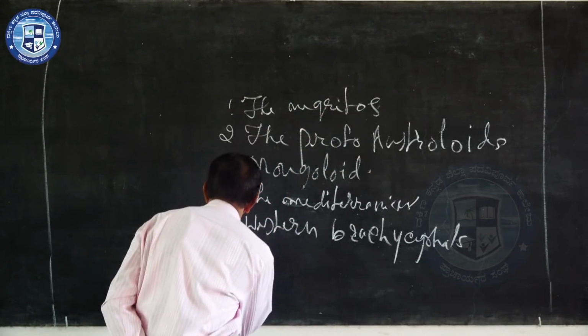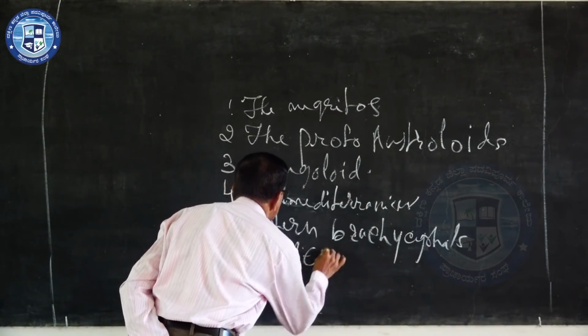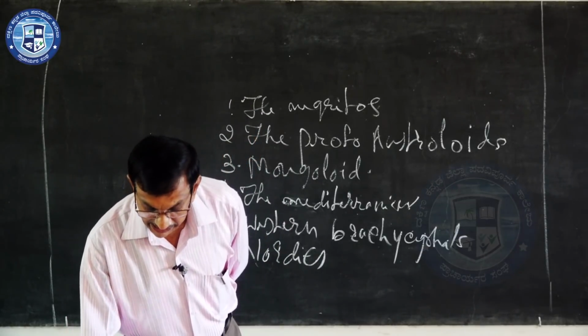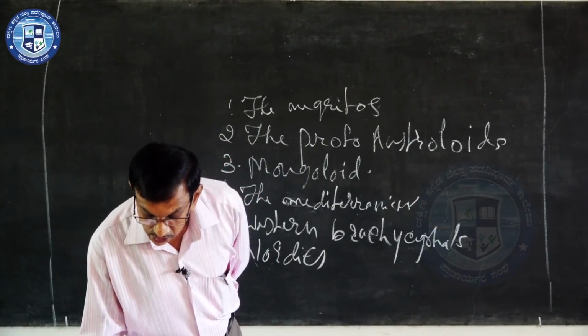And the 6th one, Nordics. Nordics is the 6th race identified by B.S. Guha.